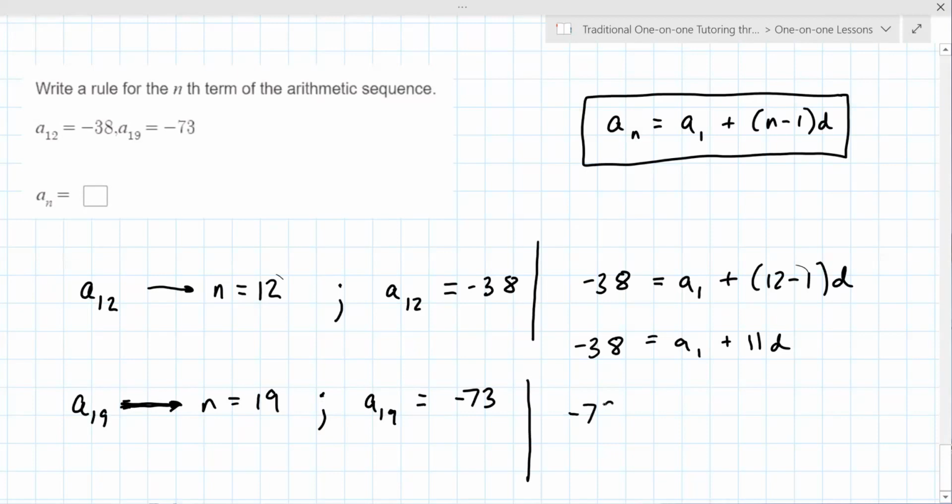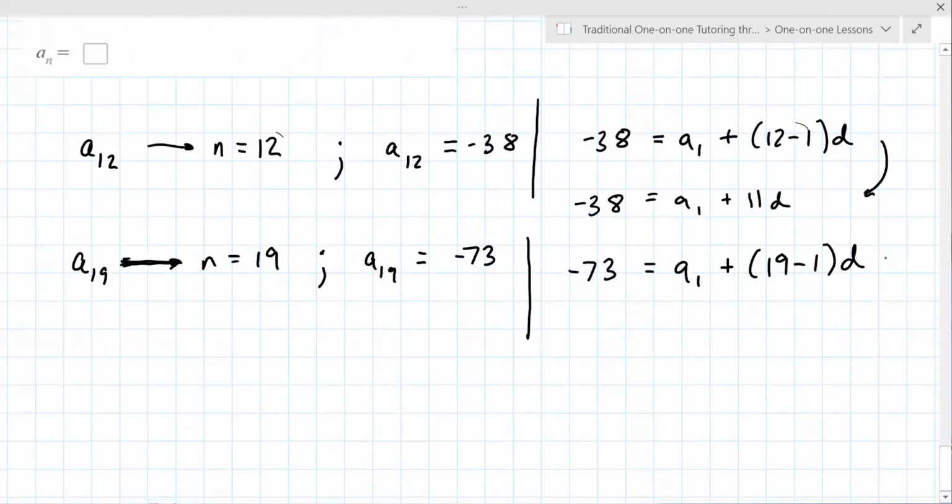So it's going to be minus 73 equals a1, which we don't know, plus 19 minus 1 times d. In both this line and the line we just did, we take the given information, substitute into this, and then the next line is just a simplify step. So we simplify: minus 73 equals a1 plus 18d.